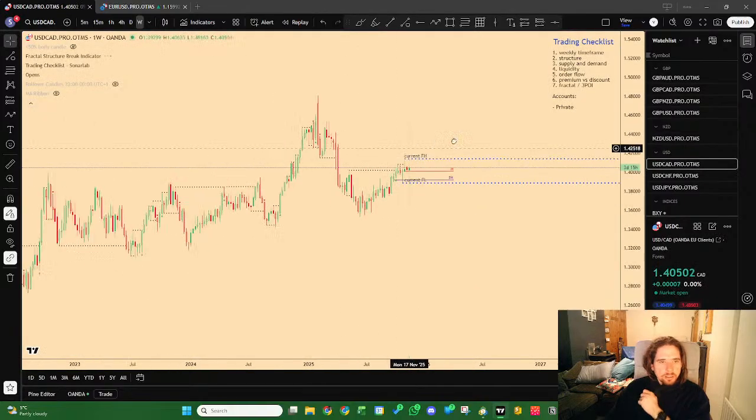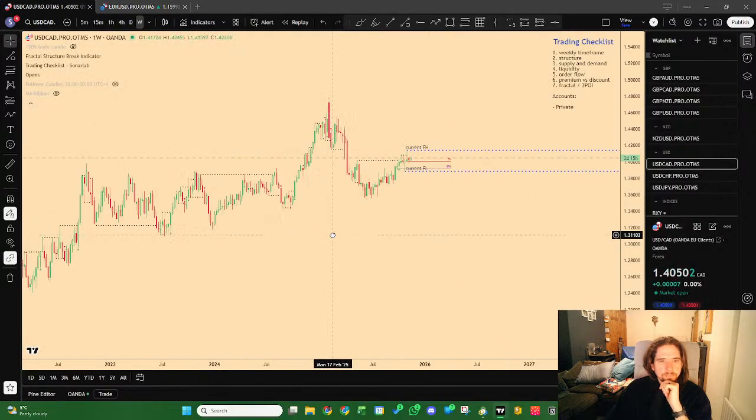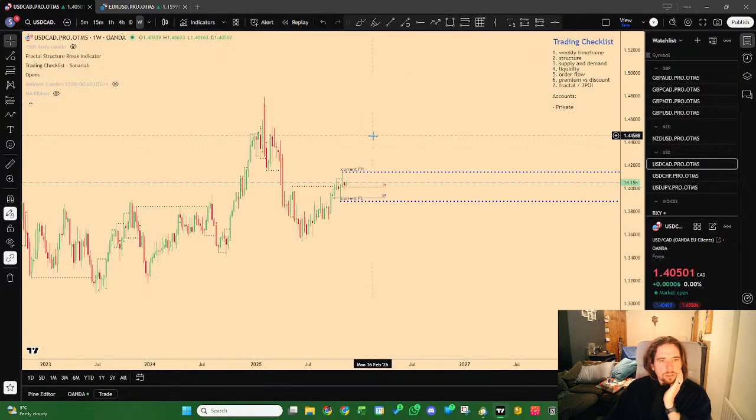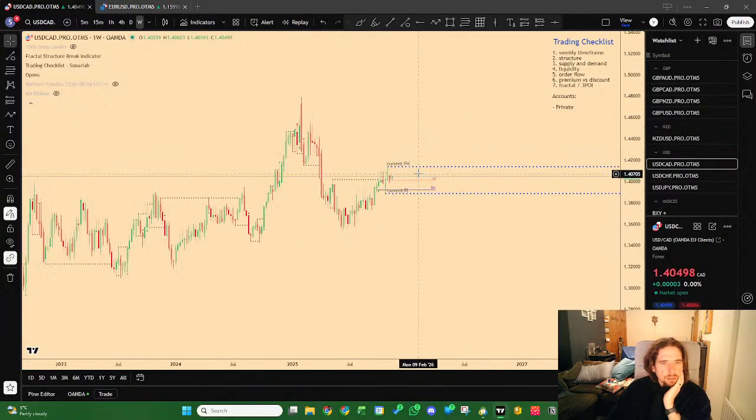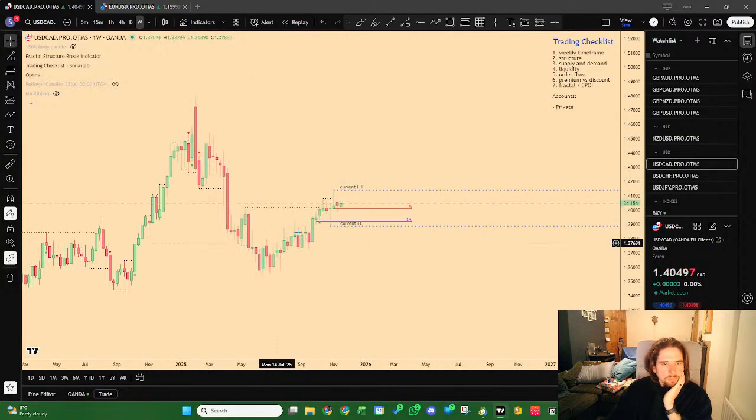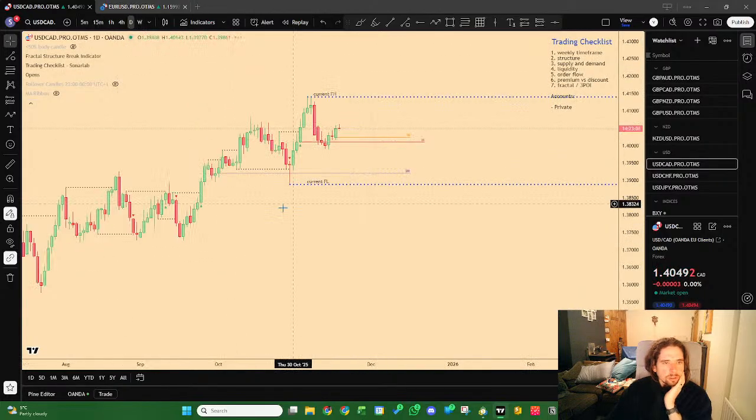Use the CAD on the weekly. We're taken back, so now it looks good to rally back up. It looks good to rally back up. We've broken that, so that's helpful for the buy.